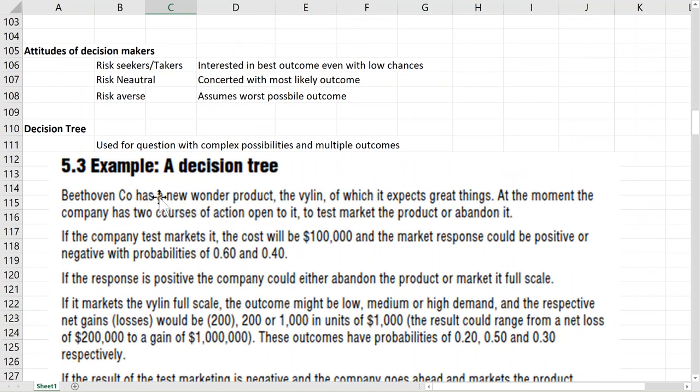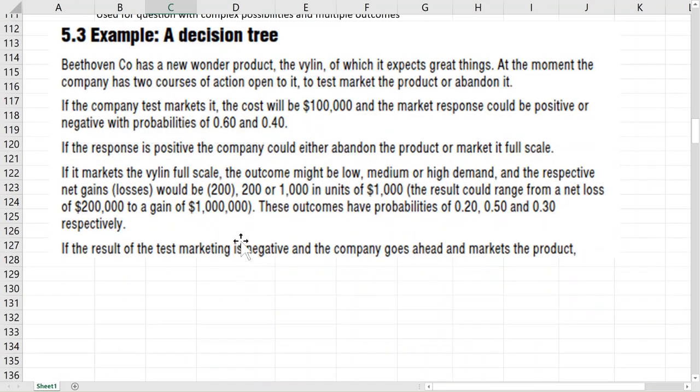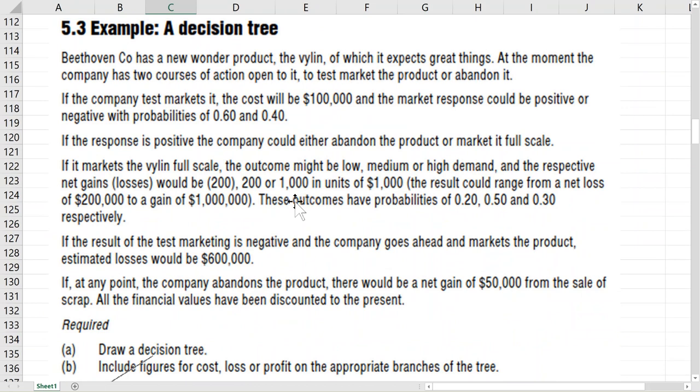Beethoven Co. has a new wonder product, the violin, of which it expects great things. At the moment, the company has two courses of action open to it: to test market the product or abandon it. If the company test markets it, the cost will be 100,000 and the market response could be positive or negative with probabilities of 60% and 40%. If the response is positive, the company could either abandon the product or market it full scale.